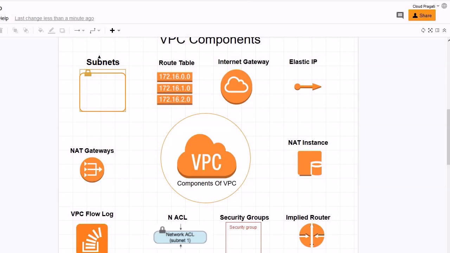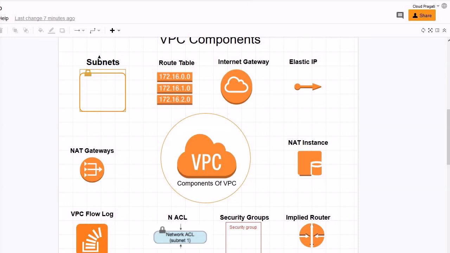We will start with subnets. As we already discussed, a virtual private cloud is a virtual network dedicated to your AWS account. That means it is logically isolated from other virtual networks in the AWS cloud. When we create a VPC, we must specify a range of IP addresses, which is a range of IPv4 addresses in the form of a CIDR block.